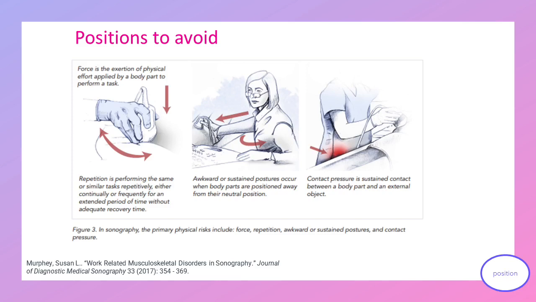Avoid awkward positions, and then that contact pressure. Really make sure that sustained contact pressure between body parts and external objects is avoided. That's some fantastic work that was done by Susan Murphy, and you can read that paper at your leisure through SDMS, through the journal.